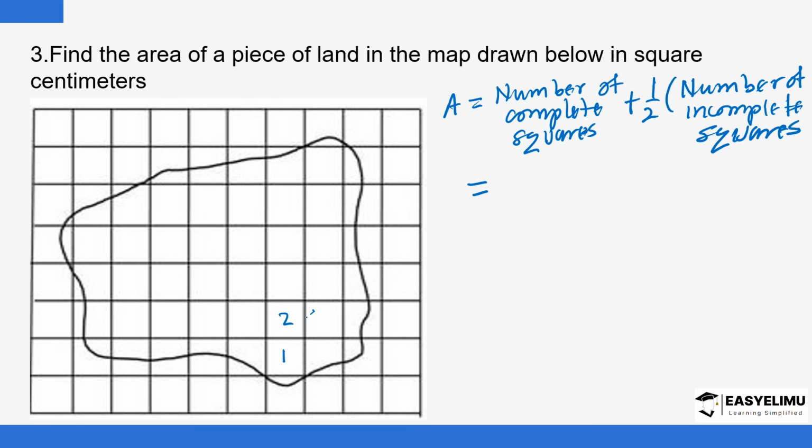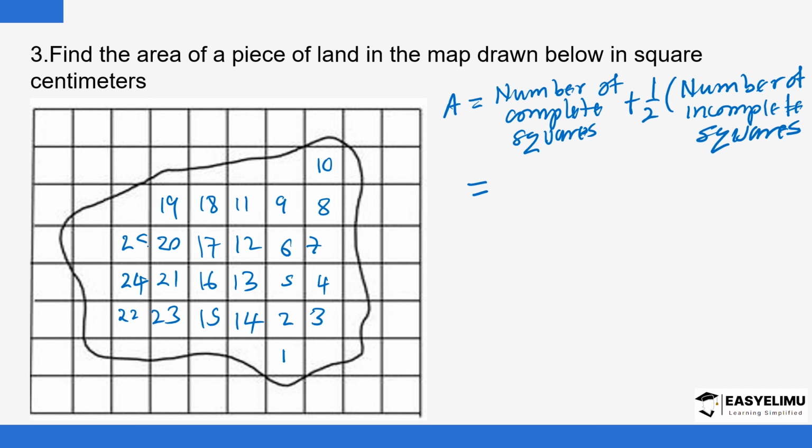So you have 1, 2, 3, 4, 5, up to 26. And that is all. So we have 26, and you add half of the incomplete squares. So incomplete squares, there are how many?